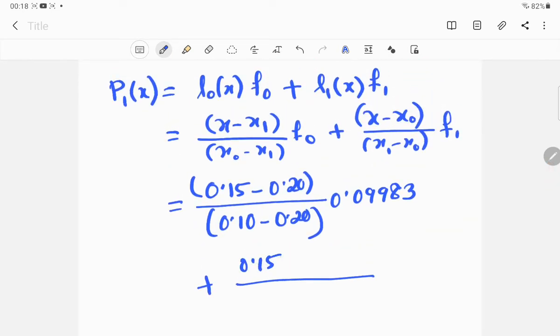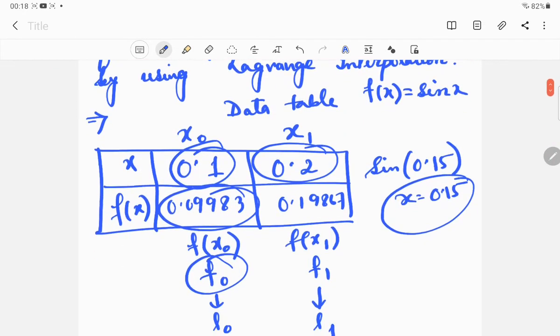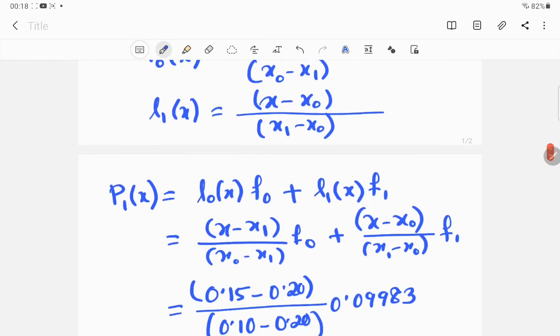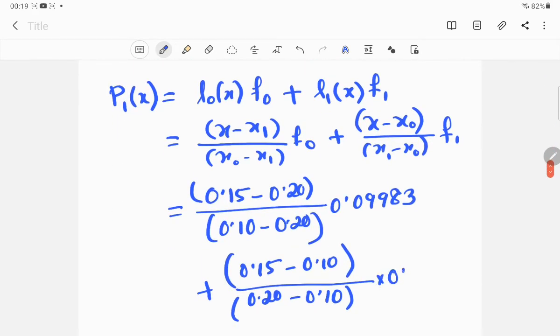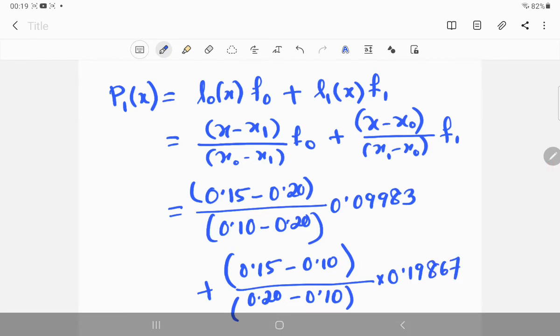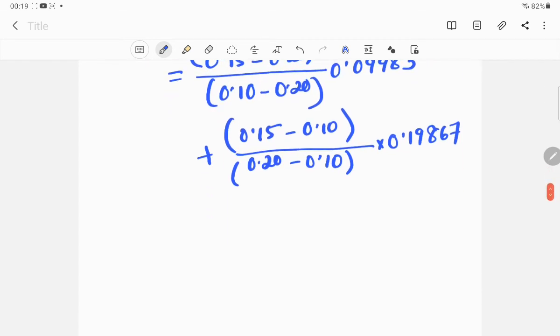And f1 is 0.19867. I am not going to do each and every step, but if you simply solve this, it should come out to be 0.14925. So this is our P1(x).